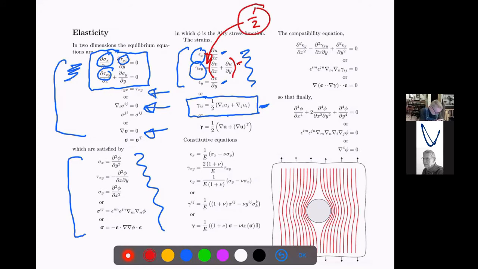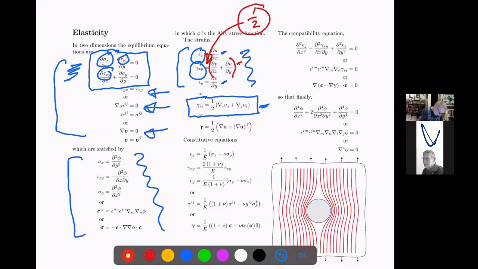It's rather annoying, really, because it means that both the shear modulus in elasticity and also the viscosity in fluid mechanics have got a rather annoying lack of a half there. Anyway, not to worry about that.